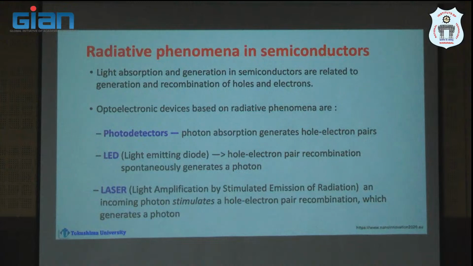So an incoming photon stimulates a hole electron pair recombination, which again generates a photon. This is because light is photon. If light is passing, photon is passing. If light cannot go there, everything is absorbed.